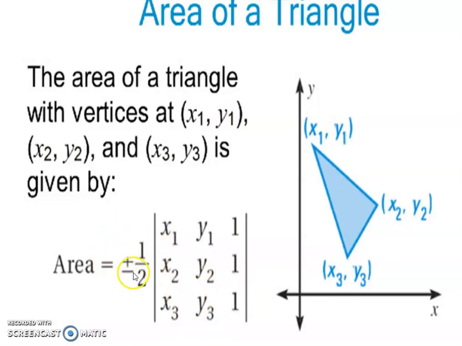Here we should write plus and minus. The benefit is that the area is always positive. If after solving the determinant we get a negative value, minus minus becomes plus. That's why I give the plus and minus symbol there. In case we get a negative answer, we multiply it by the minus sign.